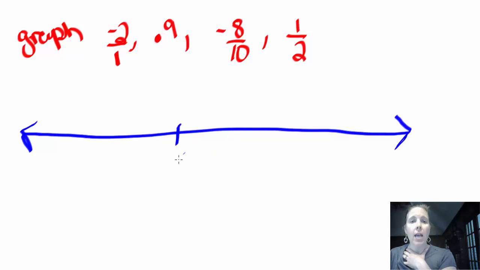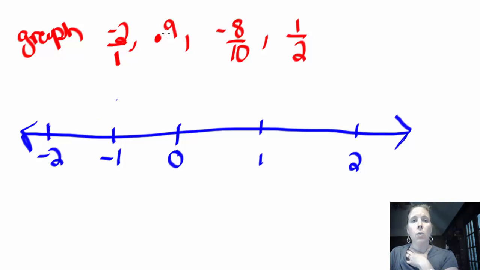Okay, so if we have 0 right here, and we'll do, what do we need to go to? We'll do 1 here, 2 here, -1, -2. So when you have something like this, no, you cannot use a calculator. I want you guys to think about it. Where am I going to put these?